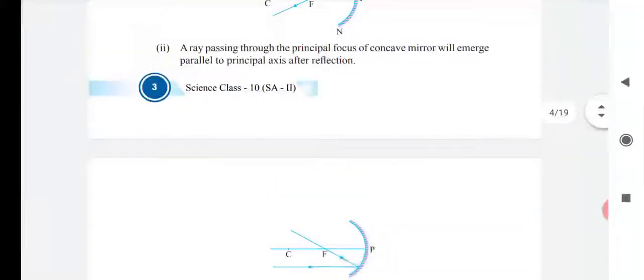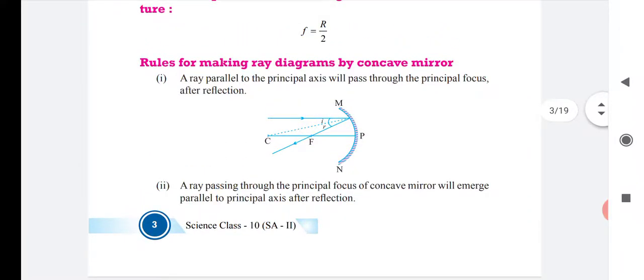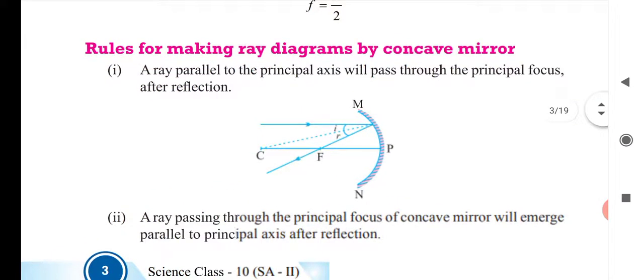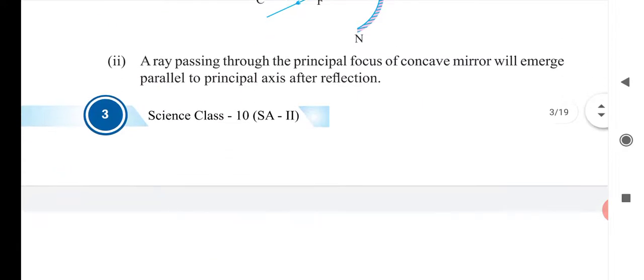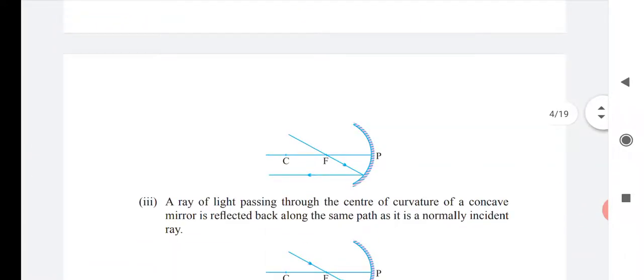So let us discuss once again. The first rule is, if the incident ray is passing parallel to the principal axis, after reflection it always passes through the focus. The second rule is, if you send a ray passing through the focus, after reflection it will emerge parallel to the principal axis.